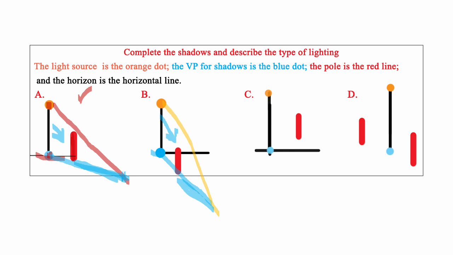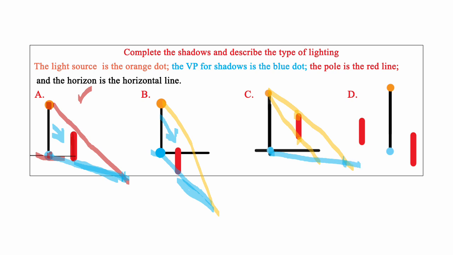In this next case, again, we have the vanishing point on the horizon, so this pole must be in the air. And as a result, it has two floating ends, those that are not attached to the surface. So the light goes through both of these ends. And in this case, I'll just choose a shadow direction like here.